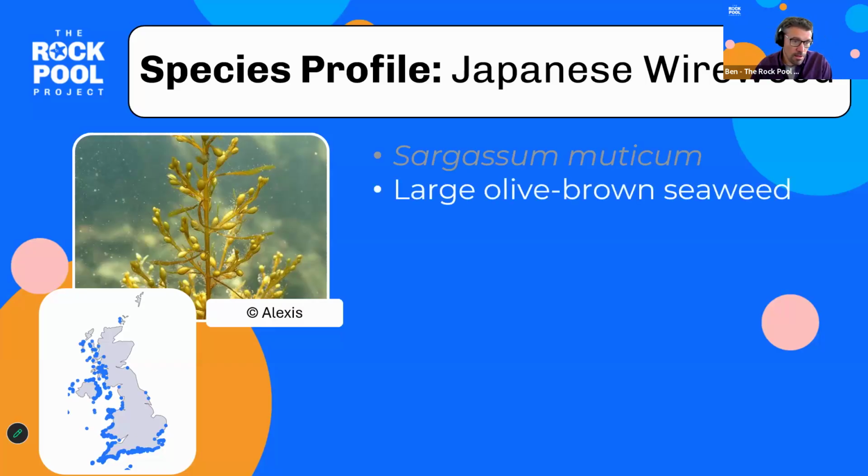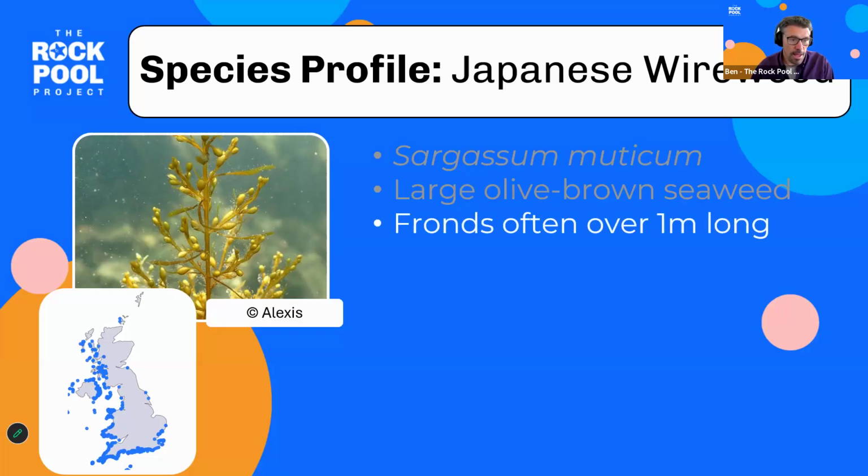It is a large olive brown seaweed. It's actually a wrack, to be technical. And it can be pretty big. Often it can be over a meter long. If you go snorkeling, you'll often see a lot of it when the tide's in, or if you find it subtidally, it will actually be extending up into the water column.